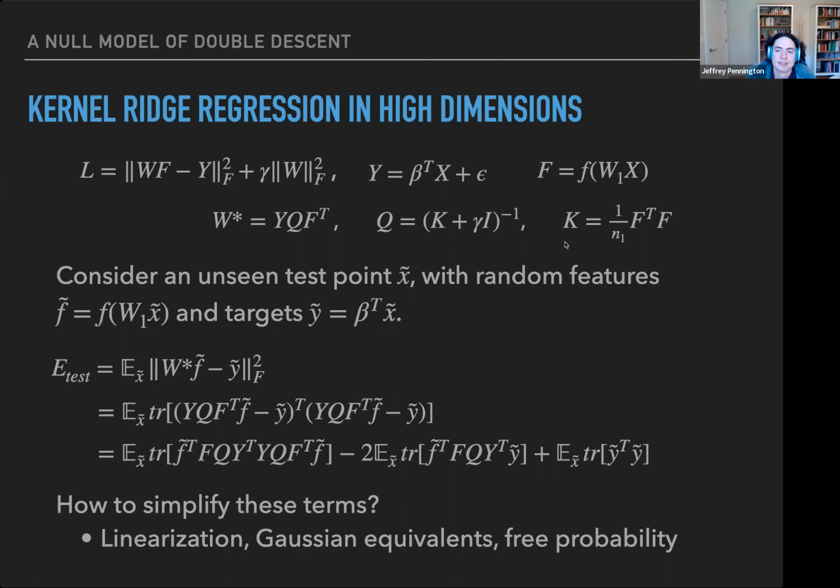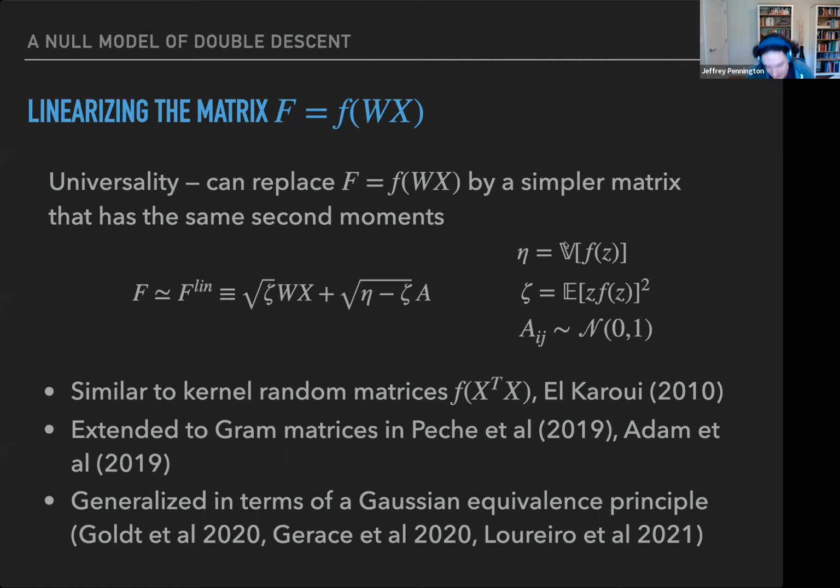So what you do, hopefully this doesn't come as a surprise, is basically just replace the random feature matrix that's nonlinear with a linearized surrogate.